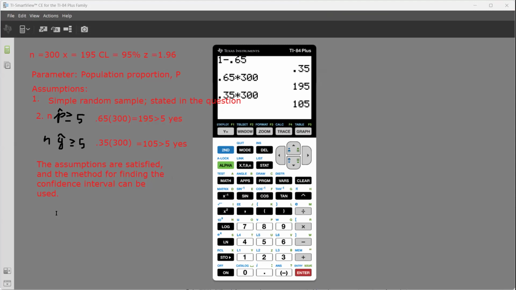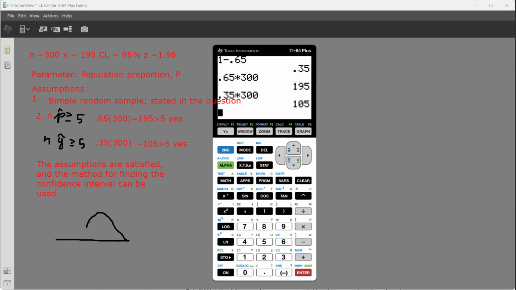Now, one other thing that I have to remind you of, I gave you the Z here because we've done it. The example that we looked at briefly had it also. But I'm going to remind you how to get the Z if you don't remember, or if she gives you a confidence level that you're not familiar with. You come down here. You don't have to draw it, but it makes it easier to see what's going on if you do. So here you've got the distribution.